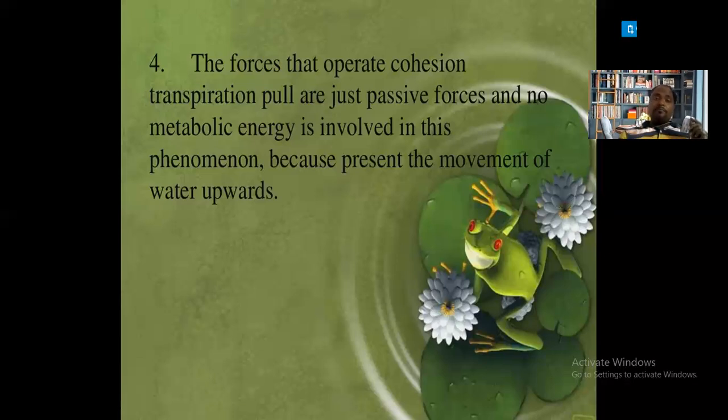With this, plants can uplift the water up to 500 feet height, and this process does not require any expenditure of energy. And this is all about the transpiration pull theory.